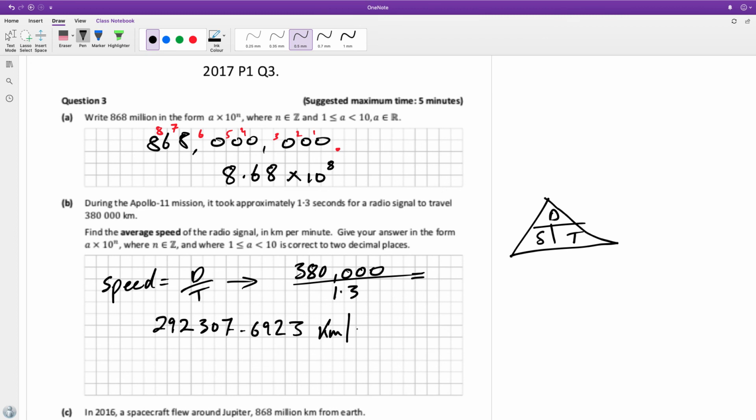Kilometers per second. What do they want? So what do they have to do? Multiply this by?